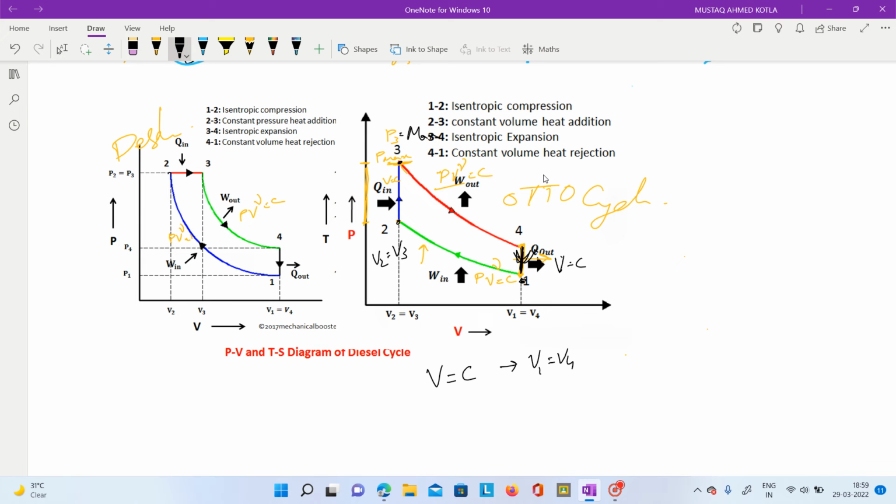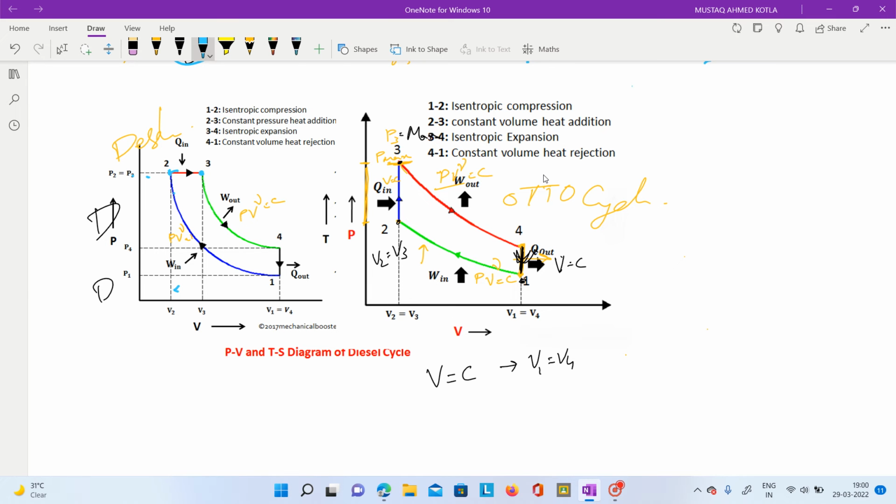And in the diesel cycle, at point 2 to point 3, the pressure is the same, a certain pressure is there, but the volume is changing. See here clearly, the volume goes from V2 to V3.